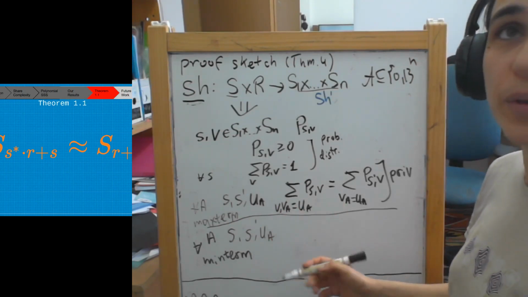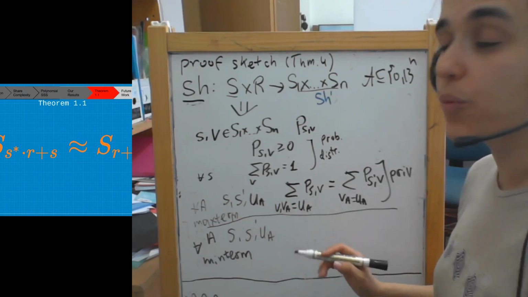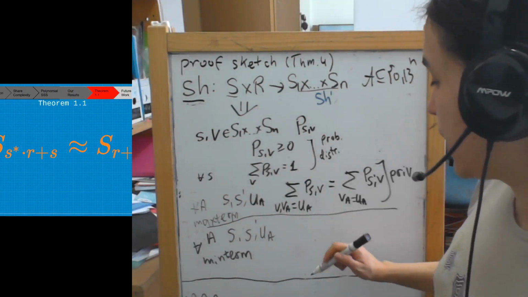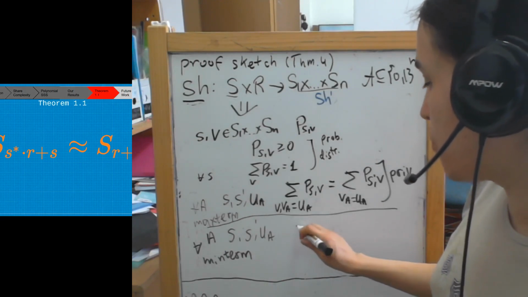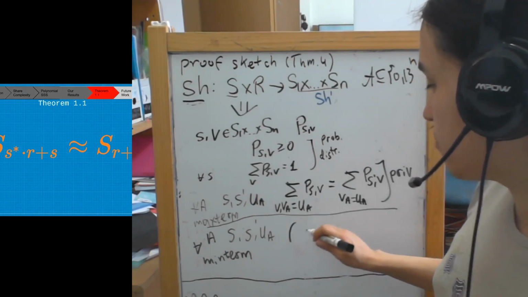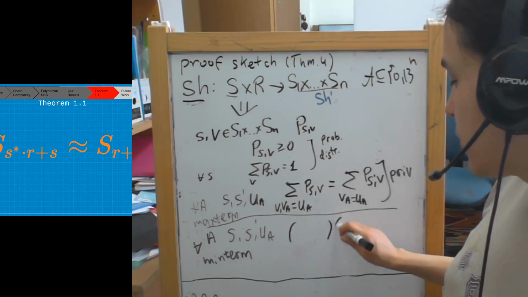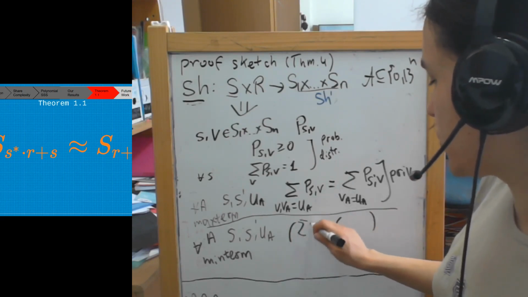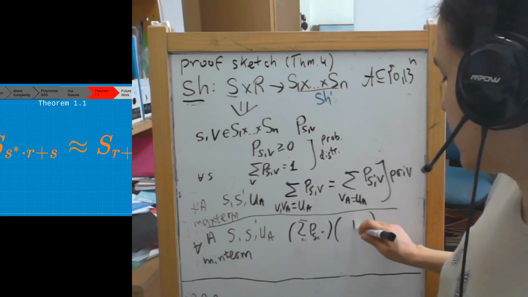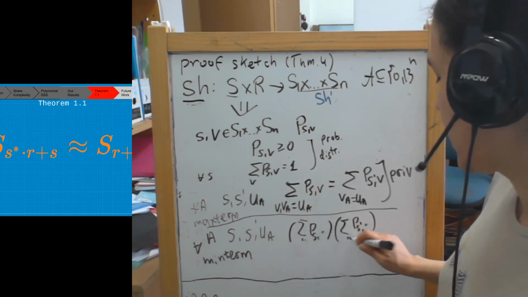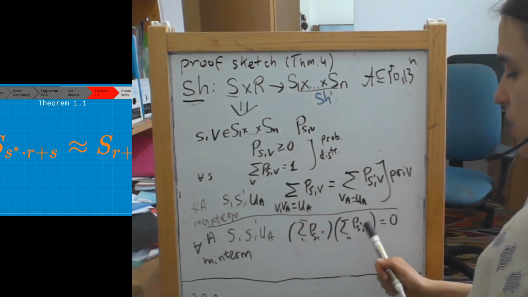And of course, for some U_A, we can have 0 probabilities for all secrets. So what we might want to require is that for S and S prime, the product of the corresponding probabilities, the same expression as here, is 0.